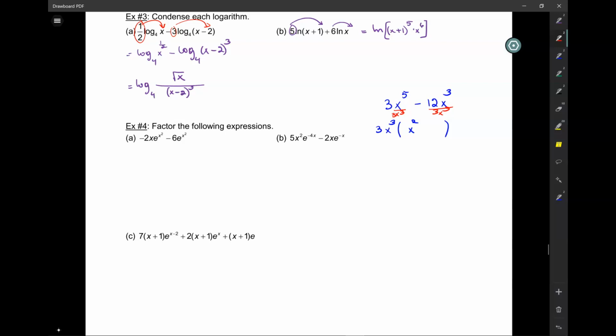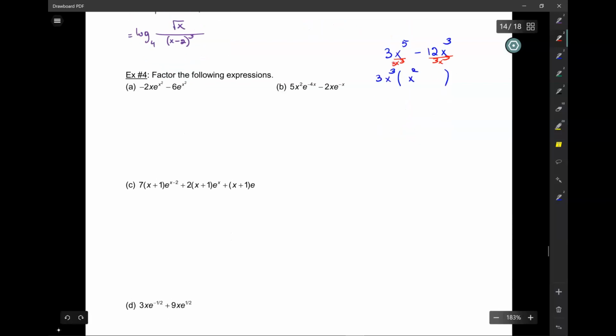Okay. So, here. What can I factor out here? A -2 and an e to the x squared, right? Because that's a term they have in common. So now what I'm basically doing is dividing by -2 e to the x squared.